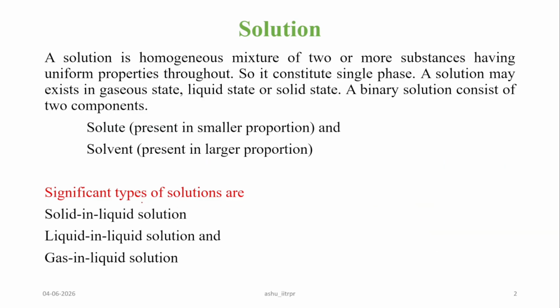Then there are different types of solutions that we know. One is solid in liquid, like salt in water, sugar in water; then liquid in liquid, like ethanol in water, or H2SO4 in water; then gases in liquid, like oxygen and nitrogen, which dissolve in water. So that becomes a gas and liquid type solution.